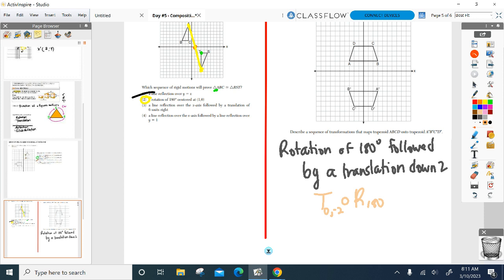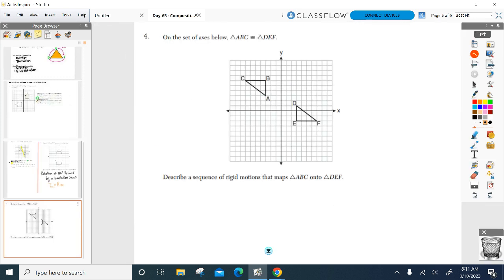Just make sure whatever you're doing first is on the furthest to the right. Are we able to use rotation of 180 centered at like? You don't need to do the centered stuff. I'm assuming it's at (0, 0). All I need is the degree measure. If you don't write the word rotation, tell me how many degrees. One doesn't make you great, right?